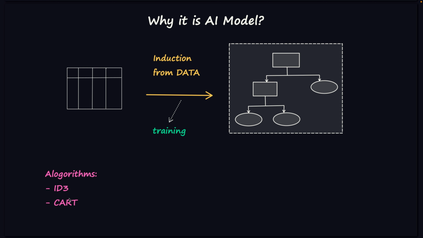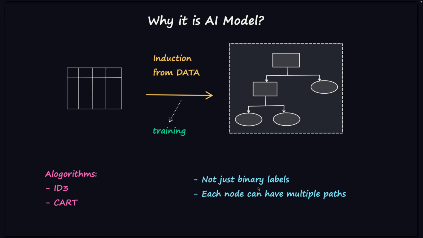Here are a couple of examples, ID3 and CART. There are other algorithms as well. So using these algorithms and the data that we have, we will come up with this tree during the training process. So this is why decision tree is also one of the AI models. The branches and leaf nodes that we will have will depend on what type of data we have during the training. Okay. So once the model is developed, we can use it on unseen data to predict the outcome.